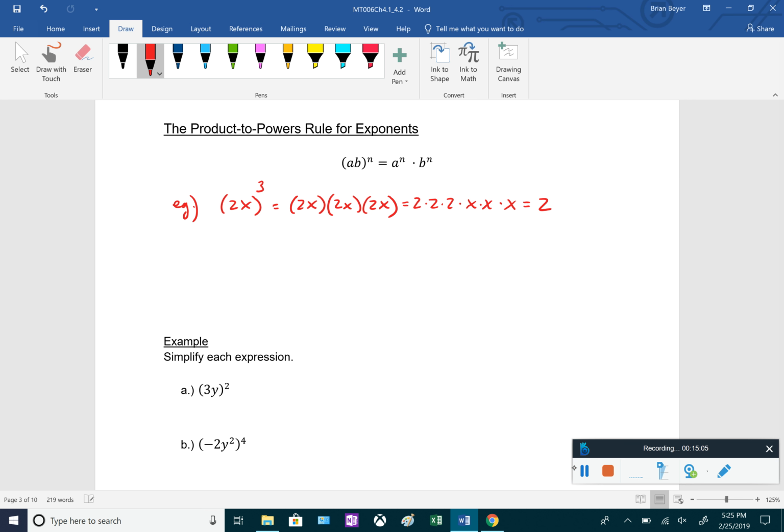And then we could see that it's 2 cubed times x cubed. Because we had the x's grouped up, there was 3 of them, and the 2's grouped up, we had 3 of them, so 2 cubed times x cubed. So we just showed that 2x cubed equals 2 cubed times x cubed, which is exactly what the rule says, so it should make sense.